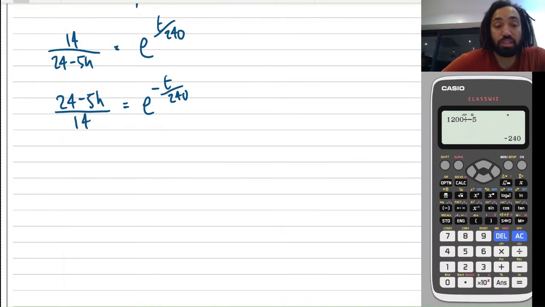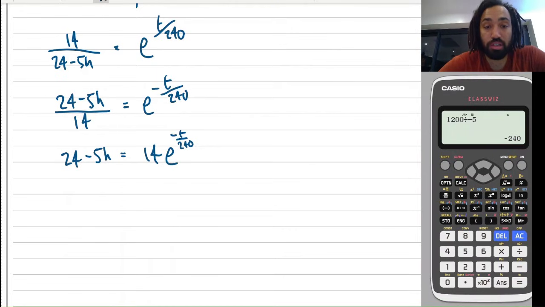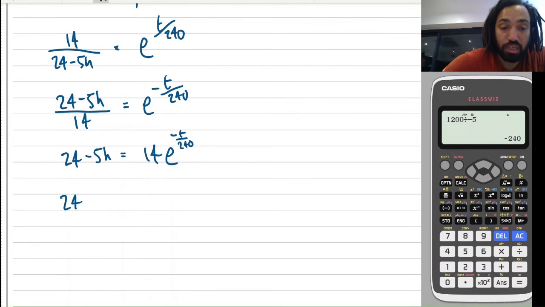Okay, and now it's just a case of rearranging for h. So multiply both sides by 14 e to the, let's call that 1 over minus t over 240. Doing a little bit of a rearrangement here. Forgive me for skipping a few steps, but I don't want this video to be too long.